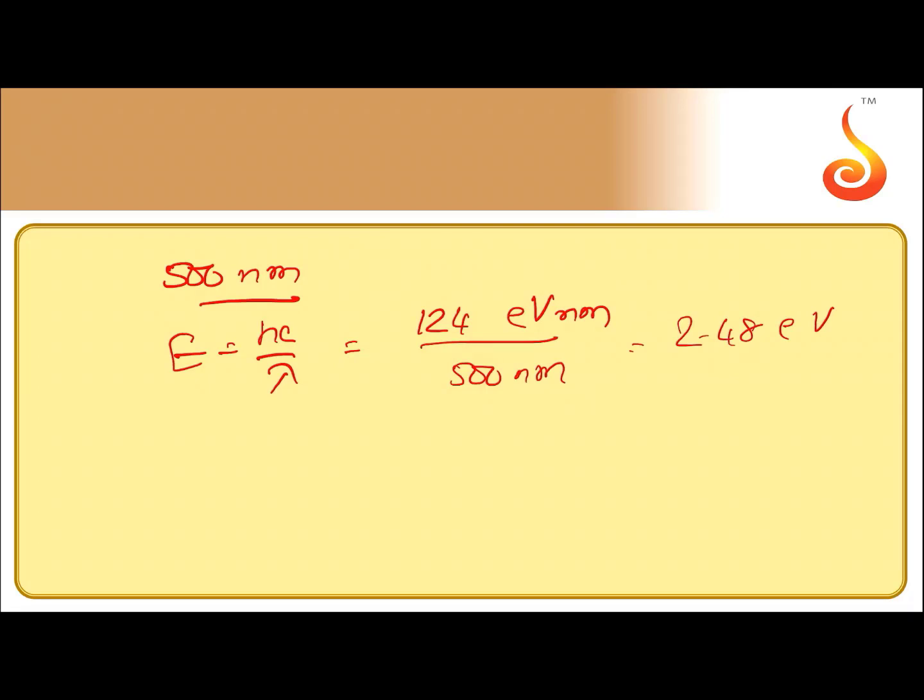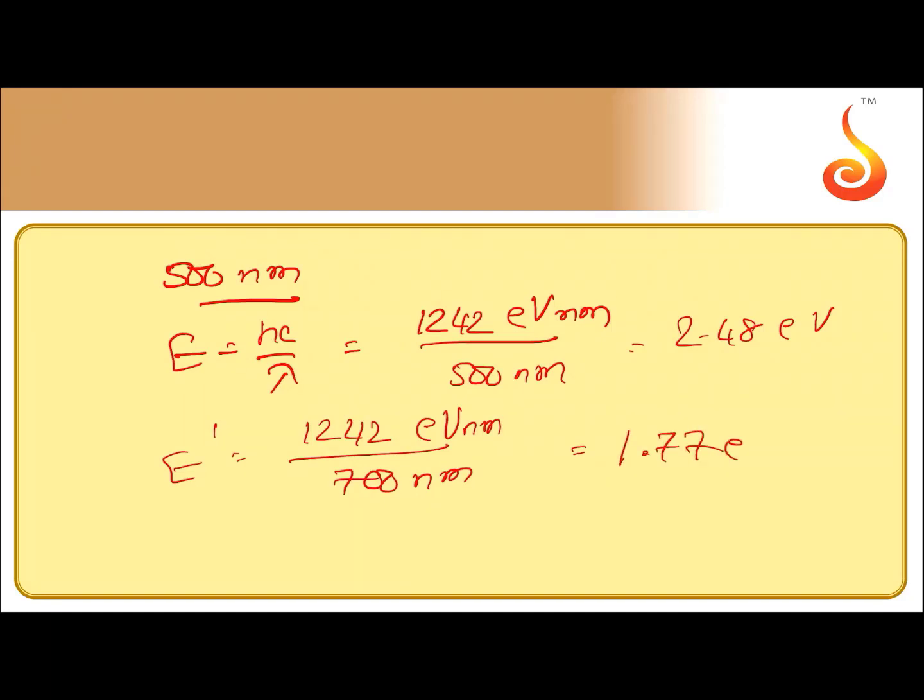And the energy of a photon of wavelength 700 nanometer is 1242 electron volt nanometer divided by 700 nanometer. So how much is that? This is equal to 1.77 electron volts.